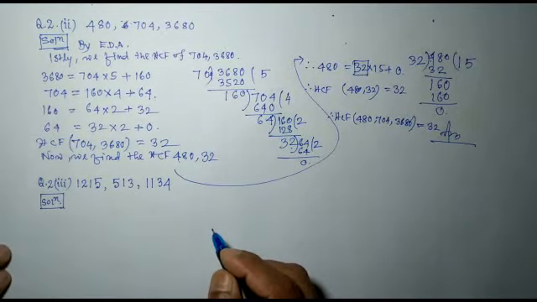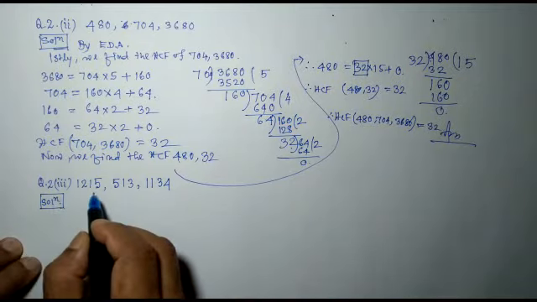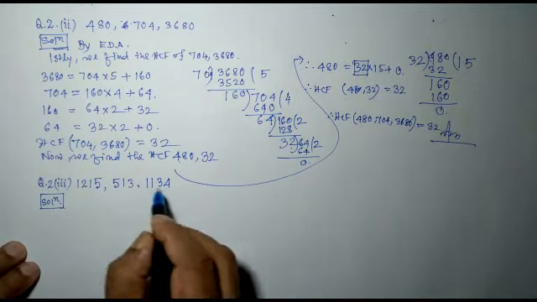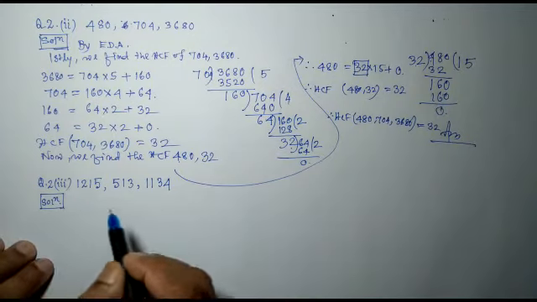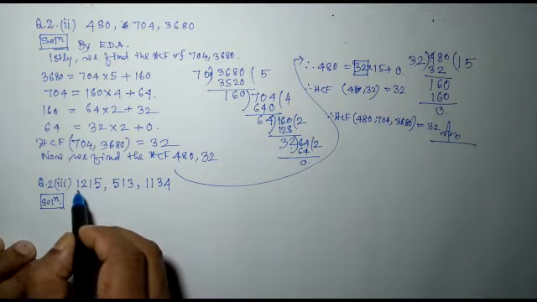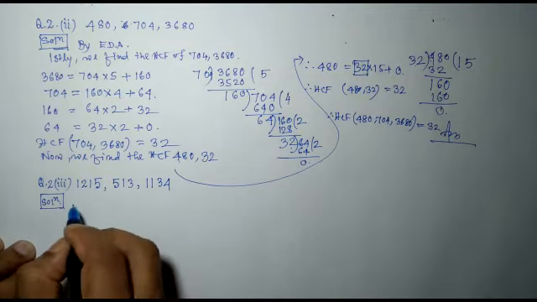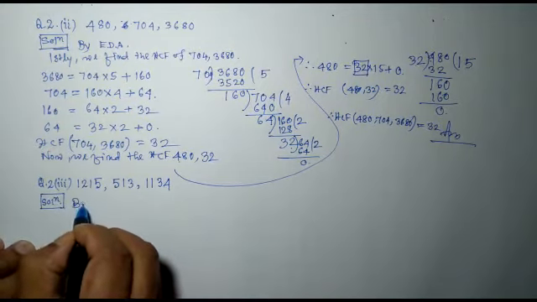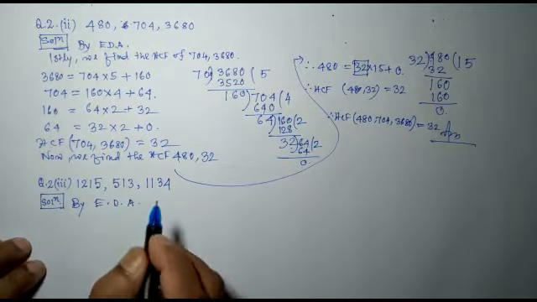So let us see the question number 2, 3. Again there are three numbers. Then look, as I said, if you find the H.C.F of the bigger two numbers, see here the bigger two are 1215 and 1134. So let us write here by Euclid's division algorithm.